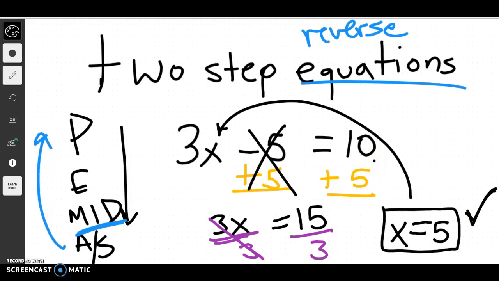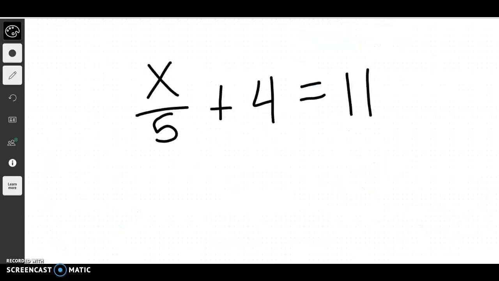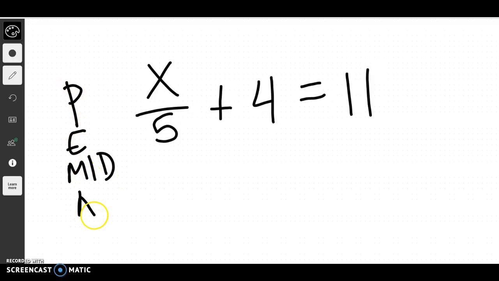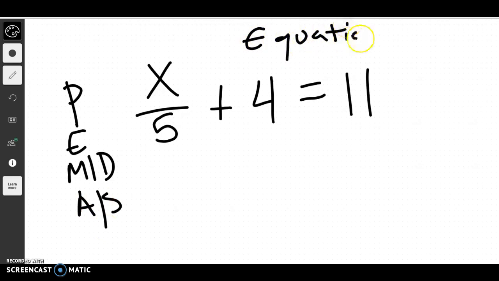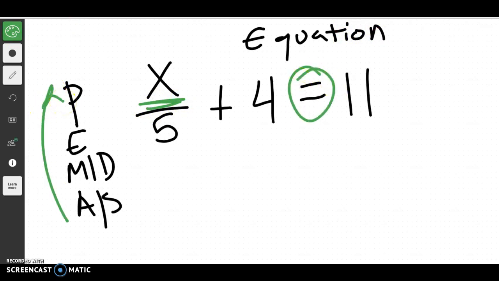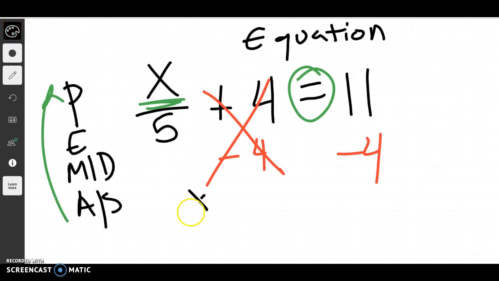Let's look at some more of these problems. For this problem, again, we want to use the reverse PEMDAS, because we have an equation, and I know that because I have a variable and an equal sign. The operation I have to get rid of first is adding 4, so we subtract 4 from both sides. 4 minus 4 is 0, and 11 minus 4 gives me 7.